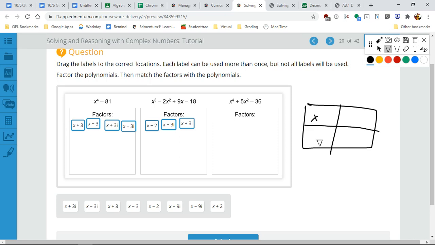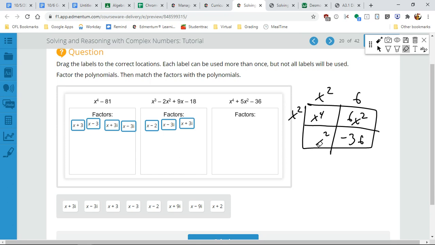The idea here is this x to the fourth and this negative 36. So this is 6 and negative 6. That's what I would guess they want us to do. Let's see if this works. So it's negative 6x squared, positive 6x squared. That's not going to work. So we want to get this 5.